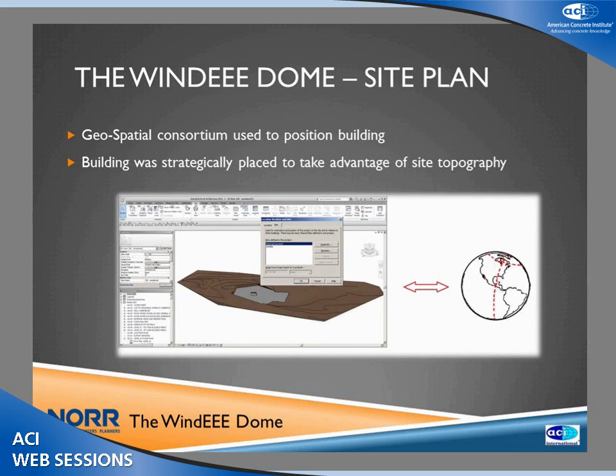Also, from a civil engineering point of view, the building coordinates were established through the Geospatial Consortium using GIS, Geographic Information System. This enabled the building to be strategically located or placed in REVIT to take advantage of the sloped site, so that a road for truck access, which we'll see later why we need, was established at the second level, and the main entrance was made at the lower level.